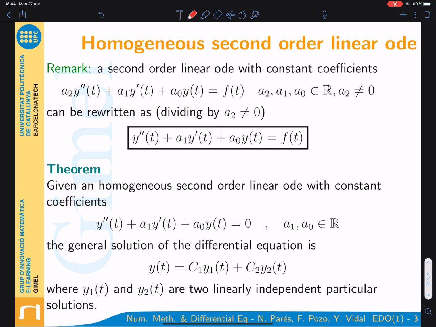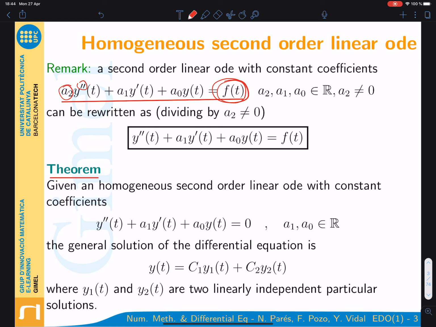This is a second order, constant coefficients, linear, and non-homogeneous. Today, we will deal with the homogeneous, as I said, so we will skip this remark here. We already explained that, and we will go now to the theorem.